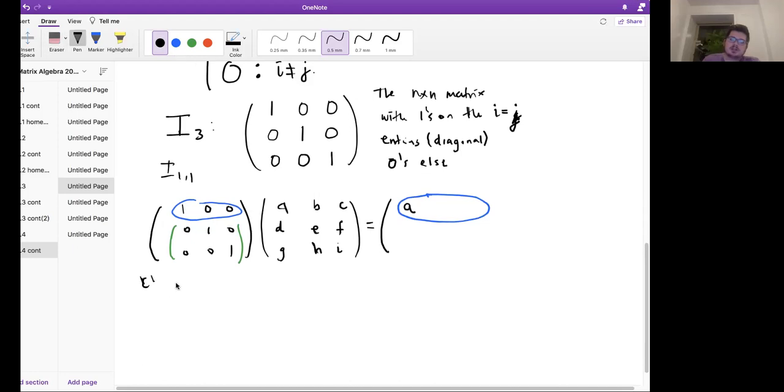So changing row 2 and row 3 in the left matrix does not change row 1 in the result.